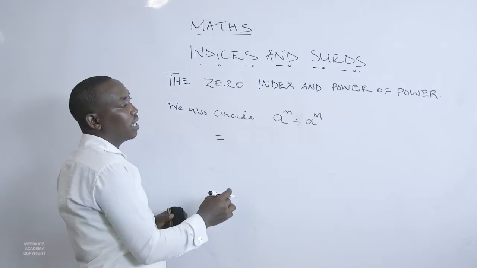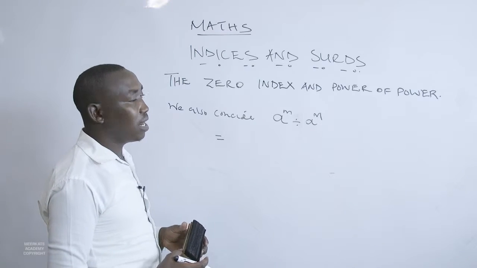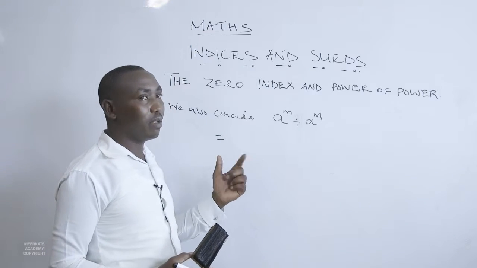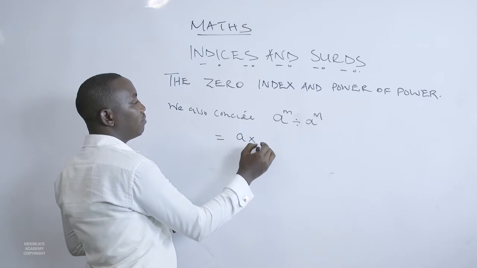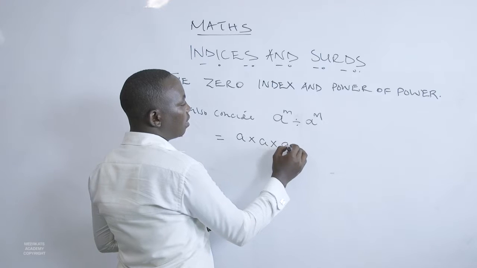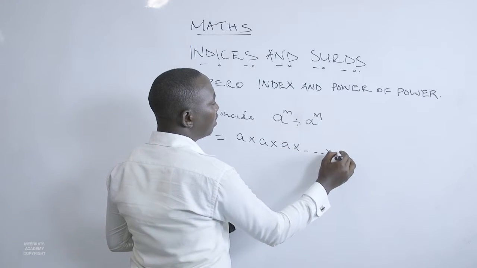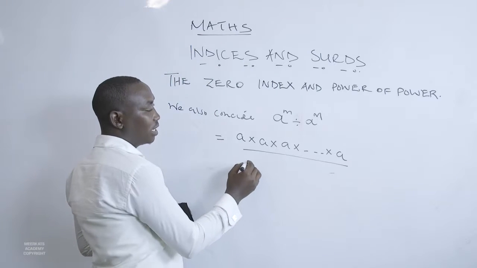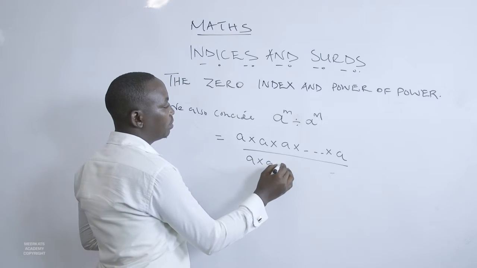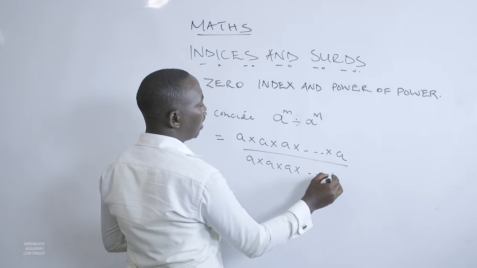This will mean that we have m factors of a being divided by m factors of a. So given that the m factors of a, there are so many, we divide them by again the m factors of a times a times a. Again, there are so many.